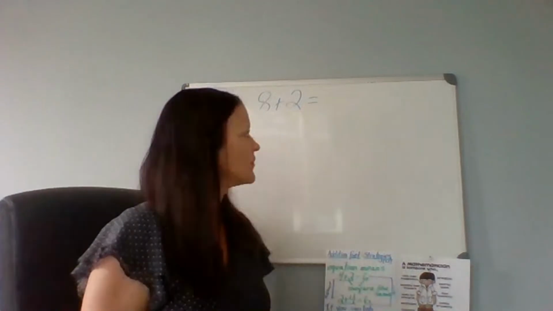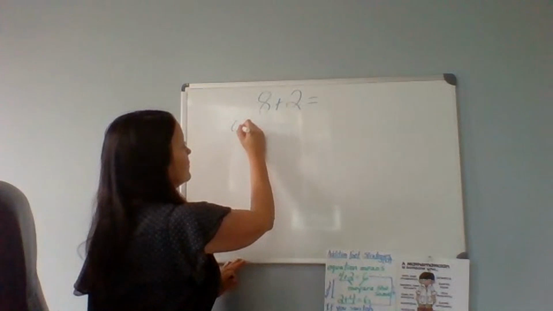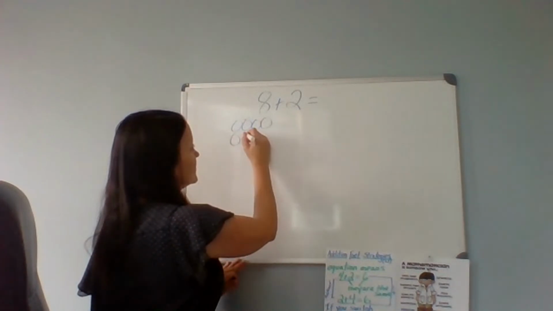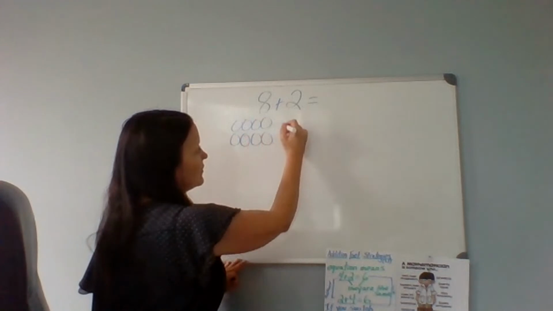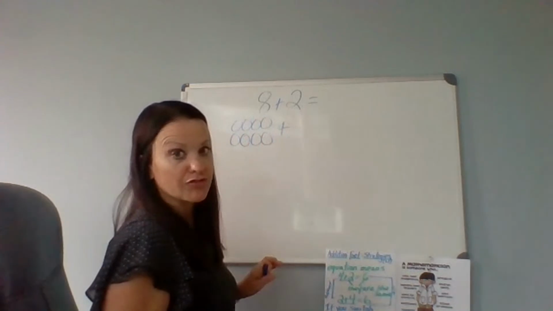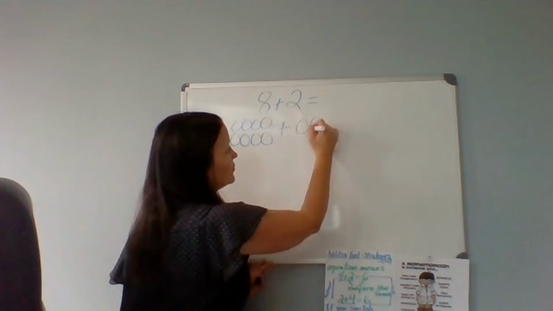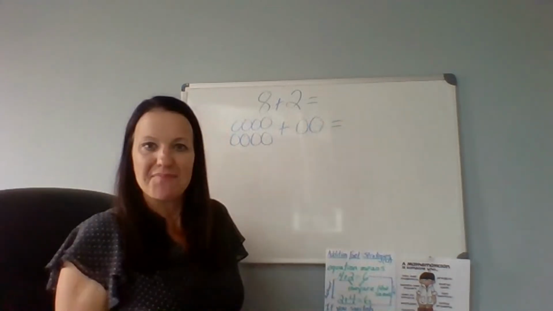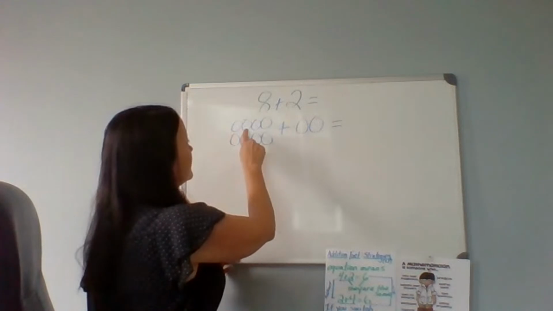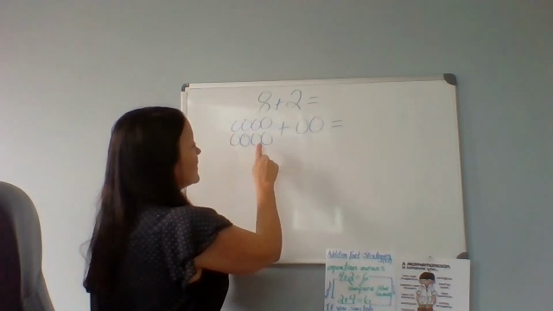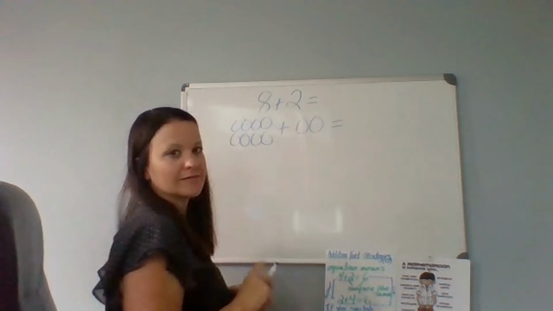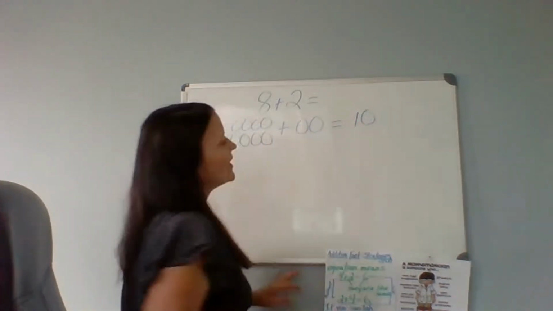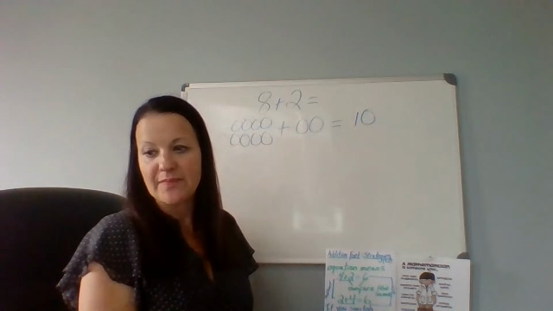I'm going to draw some circles. So I'm going to draw 8 circles, plus 2 circles. Equals. So I'm going to count them up. 1, 2, 3, 4, 5, 6, 7, 8, 9, 10. So 8 plus 2 equals 10.